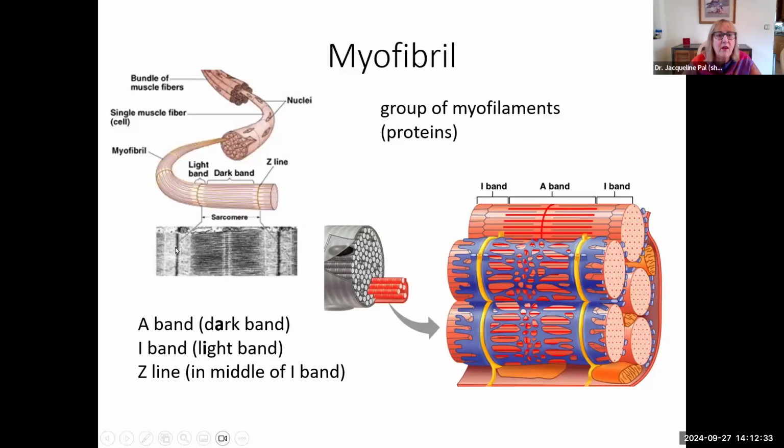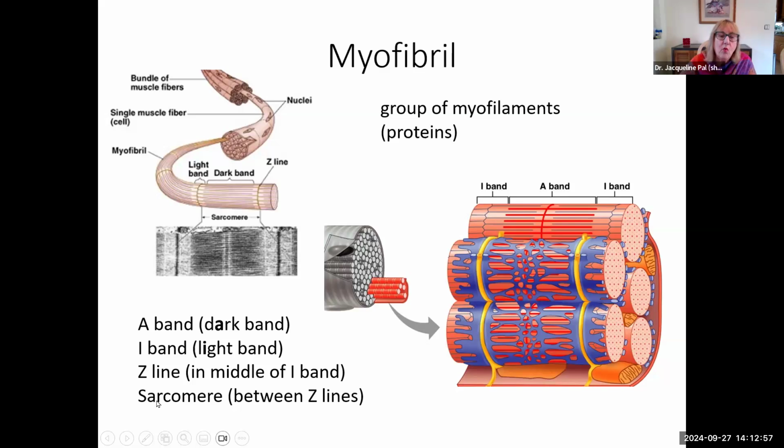Now, if you go from one Z line, which is in the middle of an I band, to the next Z line in the middle of the next I band, that is the structural and functional unit of skeletal muscle, and that is a sarcomere.